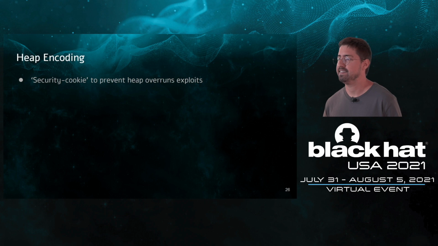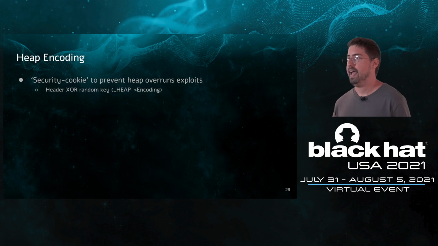Heap encoding is a security cookie-like feature that aims to prevent exploitation of heap overrun vulnerabilities. And the way it works is that the allocator encodes, or XORs, the value of the heap headers in memory with a random XOR key. And what that poses on attackers, imagine in the past they had a primitive to overflow the heap.